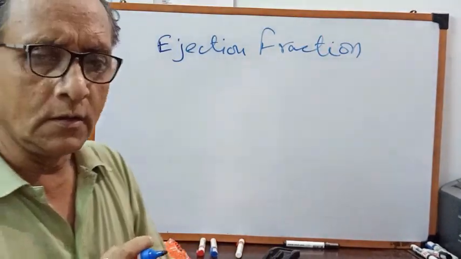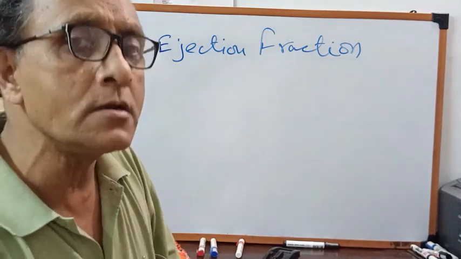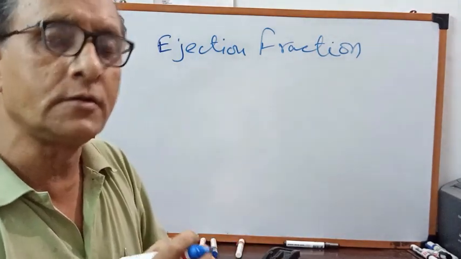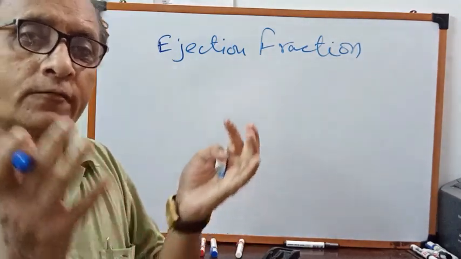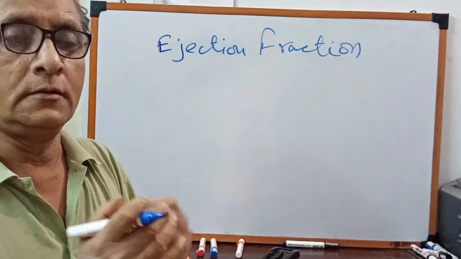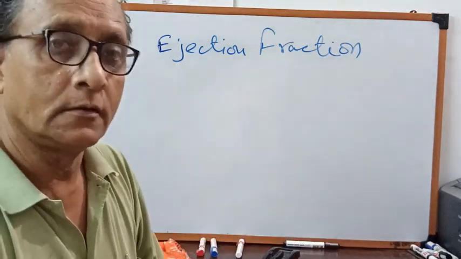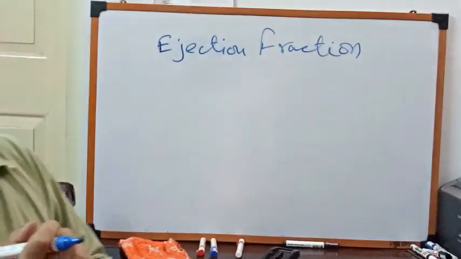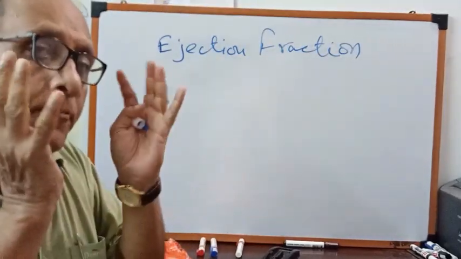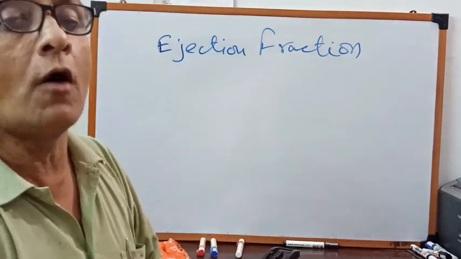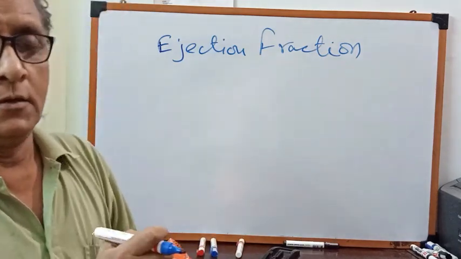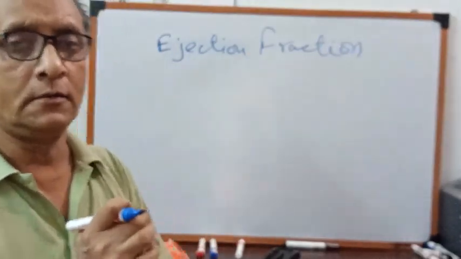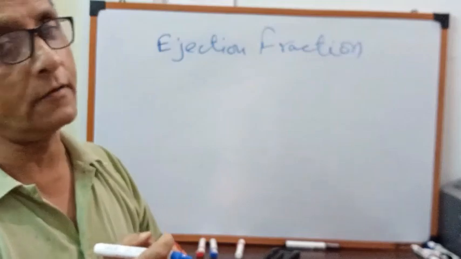Ejection fraction is the fraction of the total amount of blood which has filled the ventricle that is ejected with each ventricular contraction. So it is the fraction of blood ejected out of the ventricle, out of the total amount of blood collected in the ventricle.